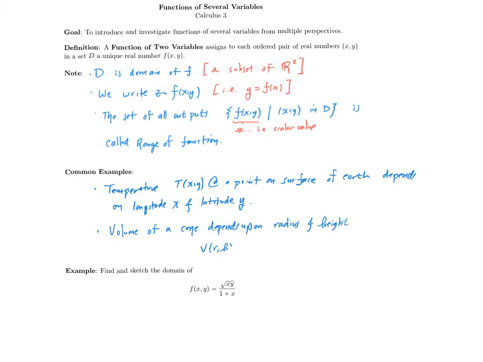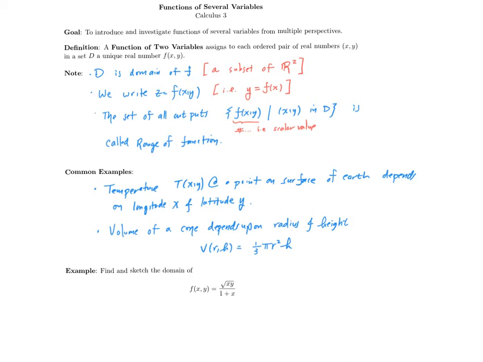So V of r comma h is 1/3 pi r squared h. And if you wanted to talk about the domain of such a function, the inputs that you can plug in would be positive or non-negative quantities for r and h, and the outputs, the volume, would be a positive number, right? It wouldn't make sense to have a negative volume. And let's explore that concept in a bit more detail.